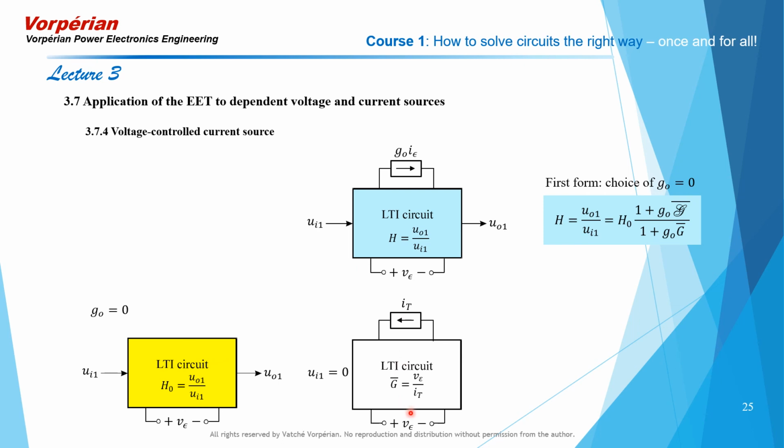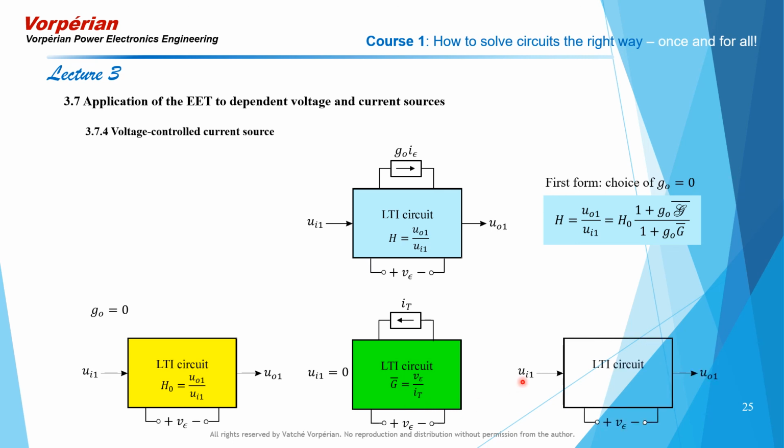And we compute the inverse gain V epsilon over IT. This is the inverse gain with respect to G0. You notice that this has the units of ohms, whereas G0 has the units of inverse ohms. It's an inverse gain. And this is our green calculation.